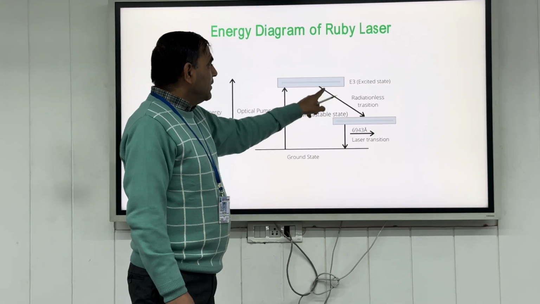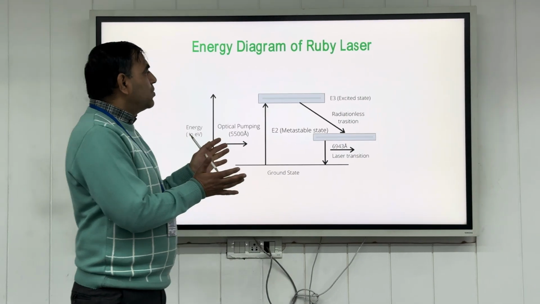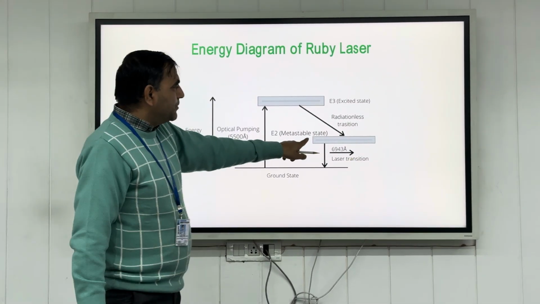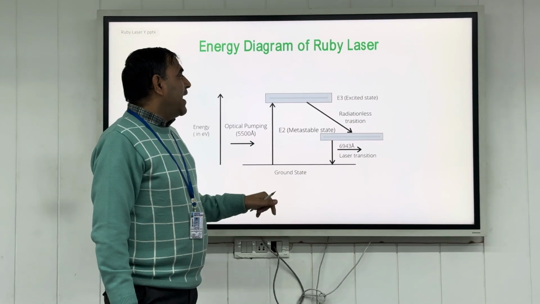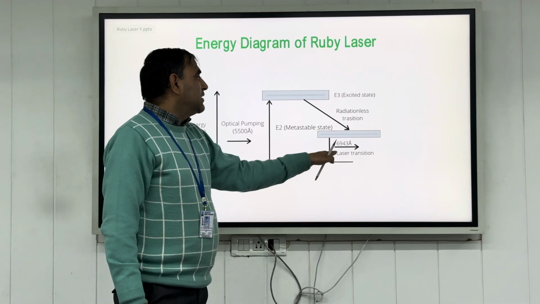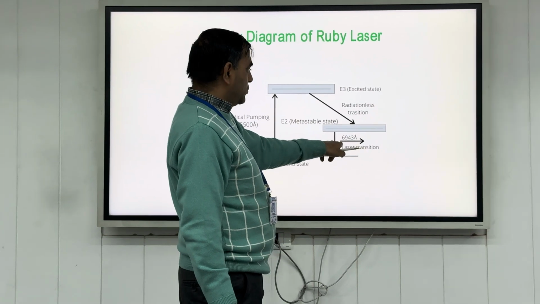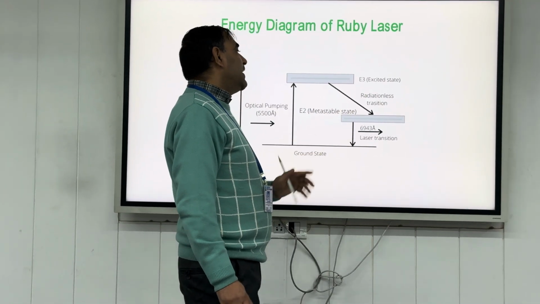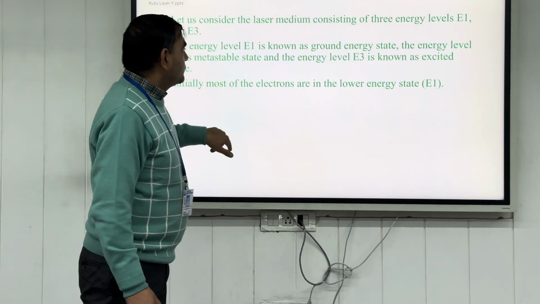When the atoms come back to the metastable state, we achieve population inversion, and then laser action takes place. The wavelength of the laser action is 6943 angstrom.